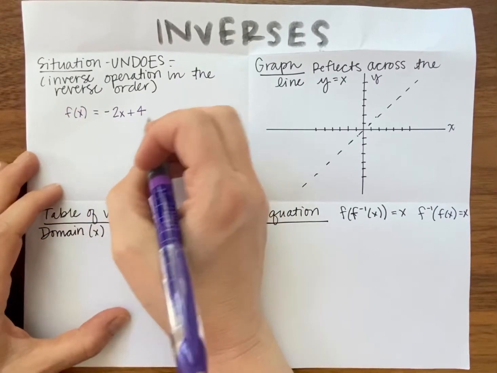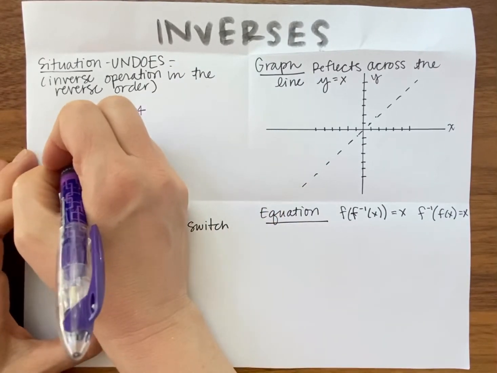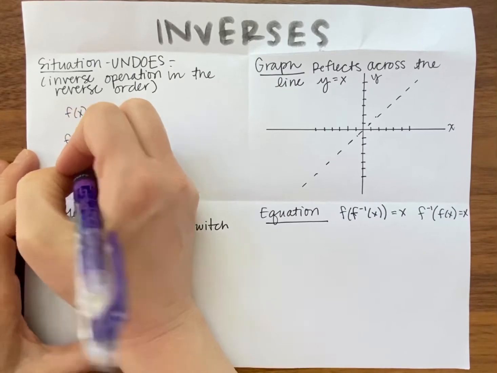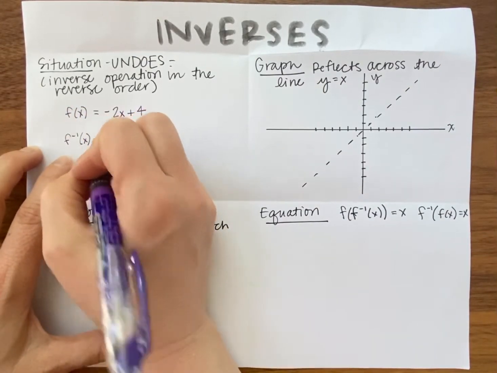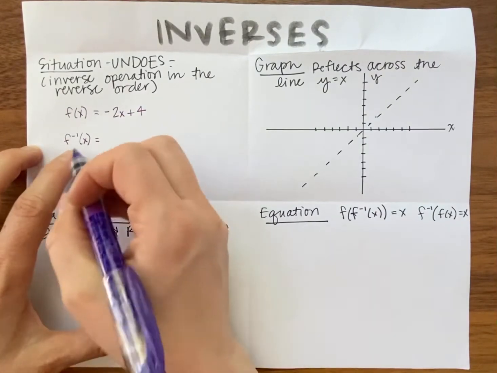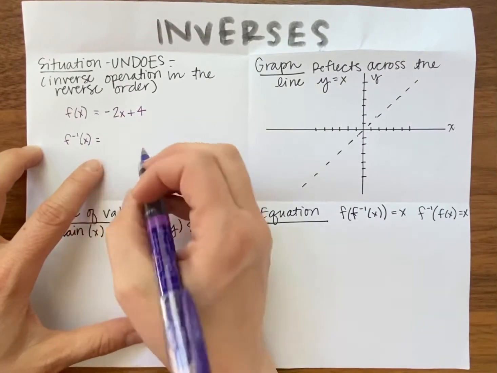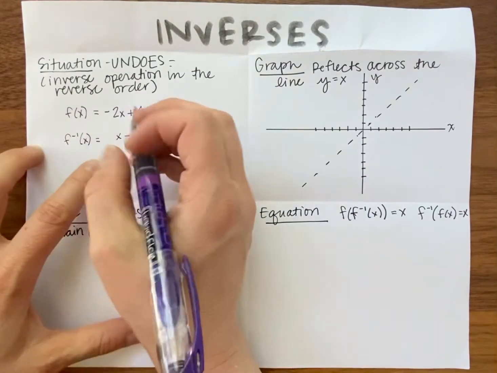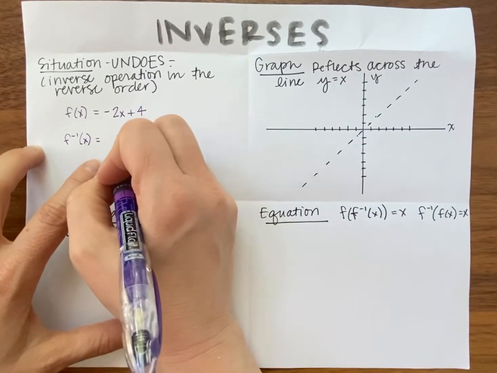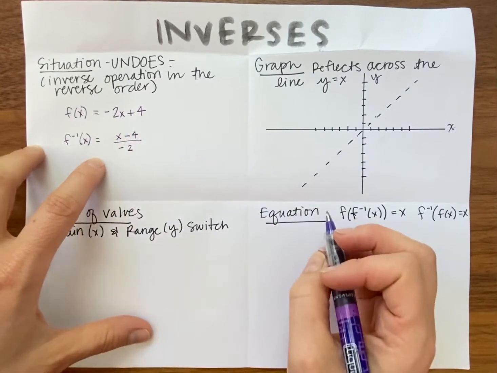If I wanted to do the inverse, f inverse of x, and that's how we write it with a little negative 1. It's not to the negative 1 power, it's an inverse. F inverse of x, we would take a number and we'd subtract 4. And then we'd divide by negative 2.